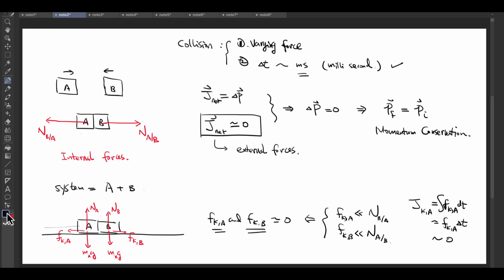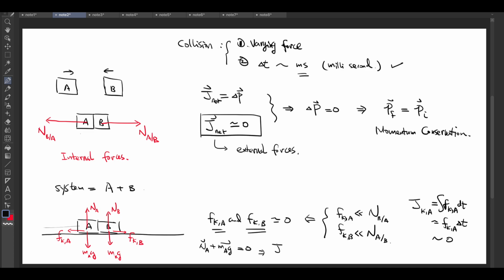If I think about the object A, normal force plus gravity, these two vectors must sum to zero, because they're in opposite directions. And similarly for B, and that's why their collective contribution to the torque will be zero.